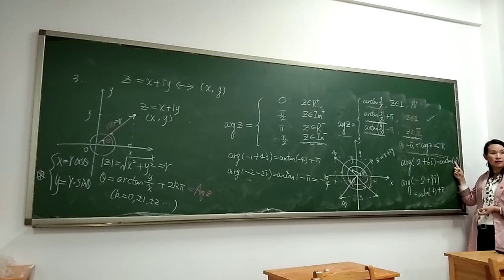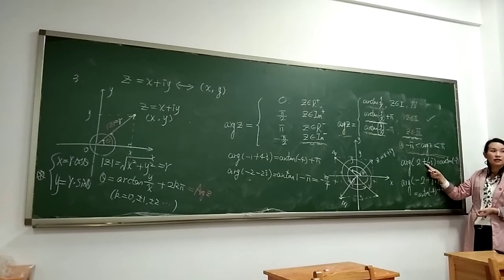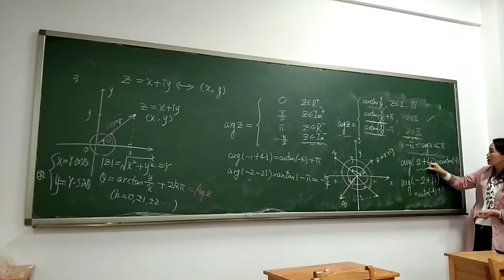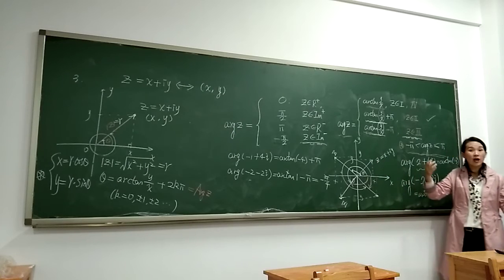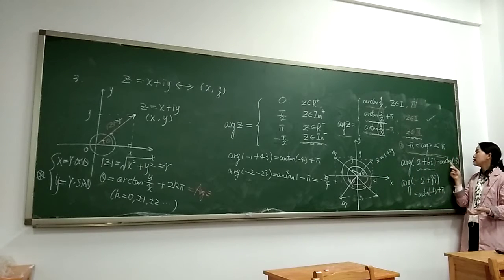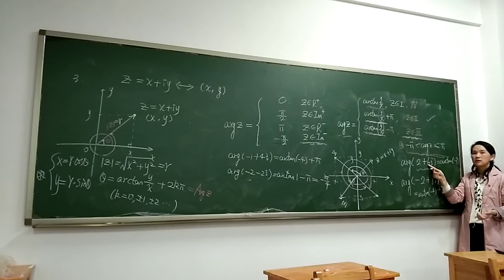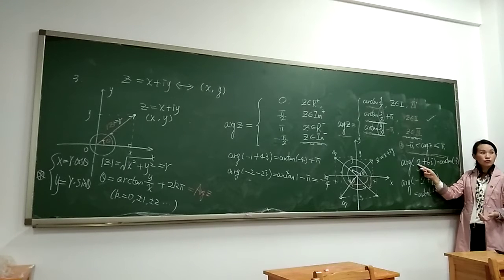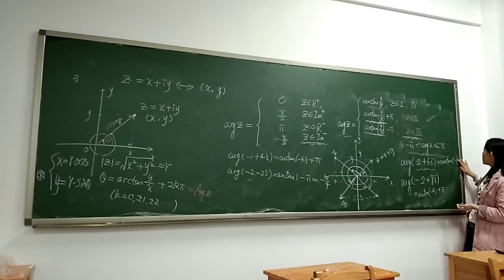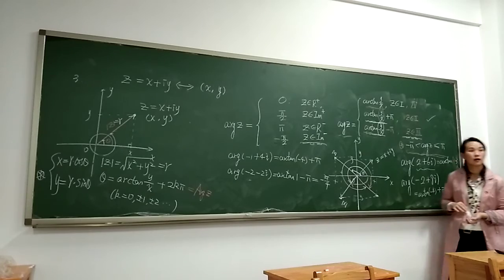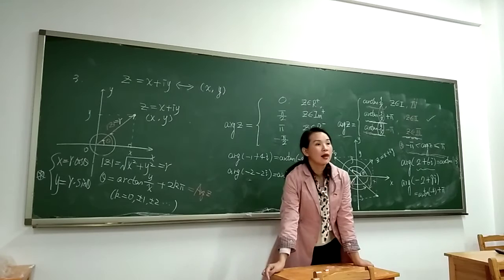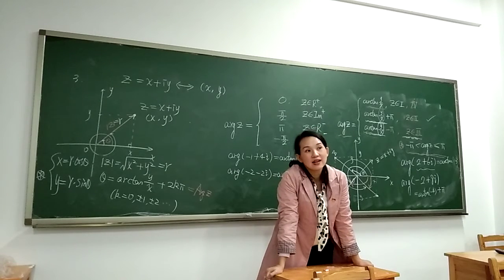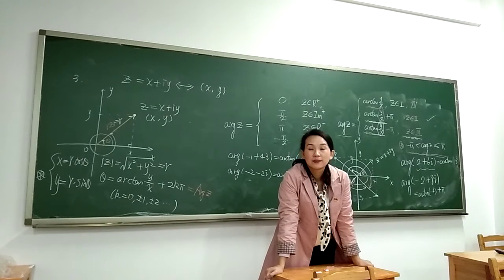What is the meaning? If this is plus, this z belongs to the first one. So you can also write arctangent 6 above 2. So it's 3. Understand that?